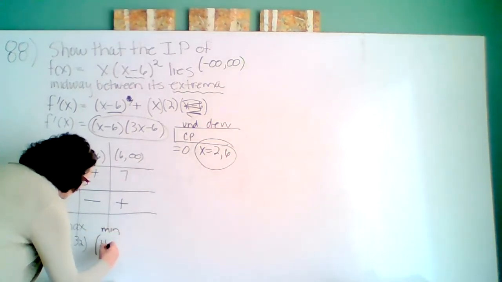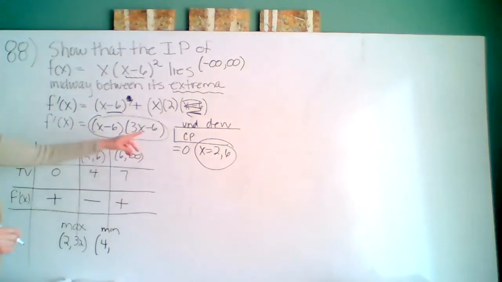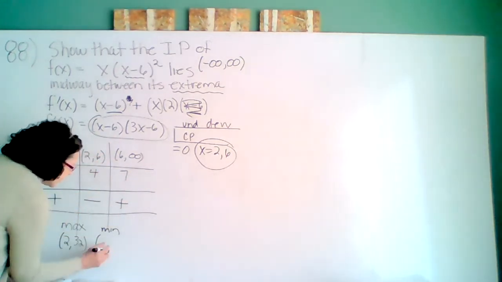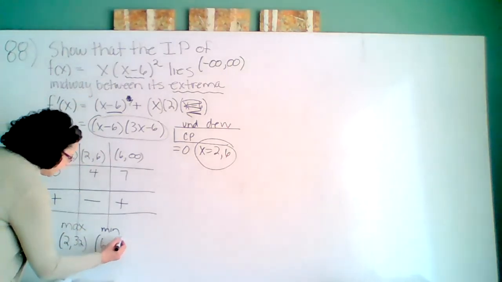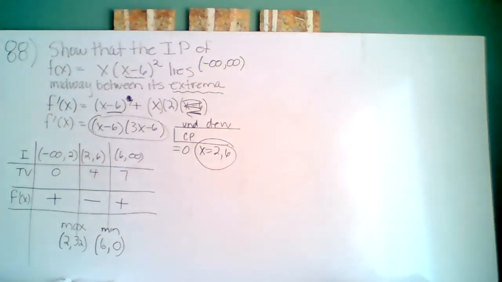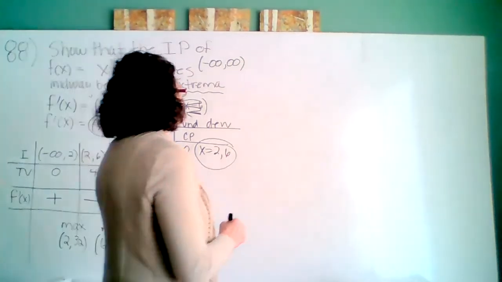The minimum happens at 4, right? Because it goes, yep, the minimum happens, oh, I'm wrong, 6. There we go. That's a 6 right there. When I put a 6 into the function, oh, I get a 0 out. Here we go. Okay, max at an x of 2, minimum at an x of 6.